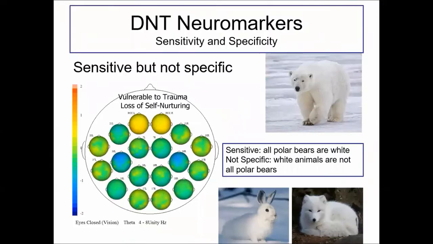So, okay, the one thing about neuromarkers that we see, we have 3 forms, I guess, is that you will have a marker for a dysrhythmia for the PCC, and that means there's a loss of self-nurturing. And so that could make someone vulnerable to PTSD or other kinds of trauma. But we don't know how it's manifesting in behavior based on that. Okay, you're relational there.